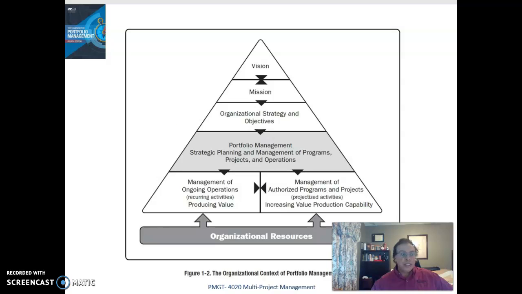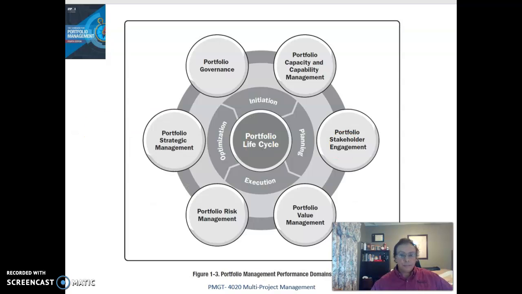Figure 1-3 on page 10 shows the 6 portfolio management performance domains we'll be studying in the coming weeks.